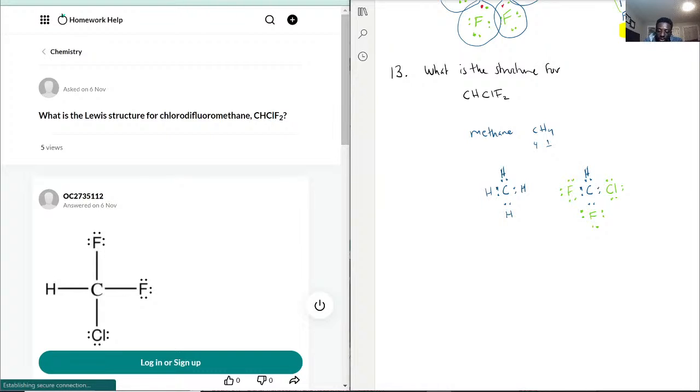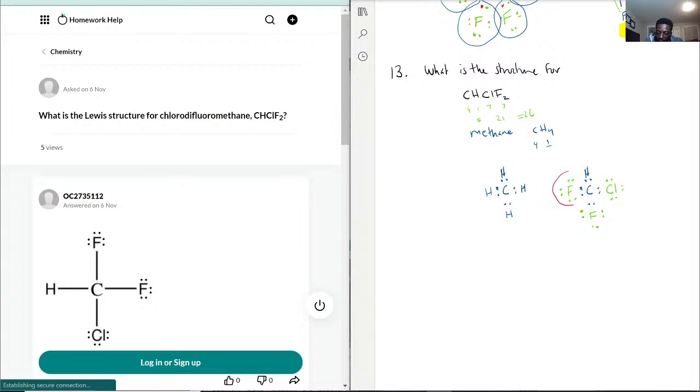Okay, and if you wanted to double check, chlorine has 7, fluorine has 7 as well for valence electrons, so that's 21 in total because there are 2 fluorines. Carbon has 4, hydrogen has 1, so 5 plus 21, you should have 26 in total. And what do we have here? I'll use a different color actually.